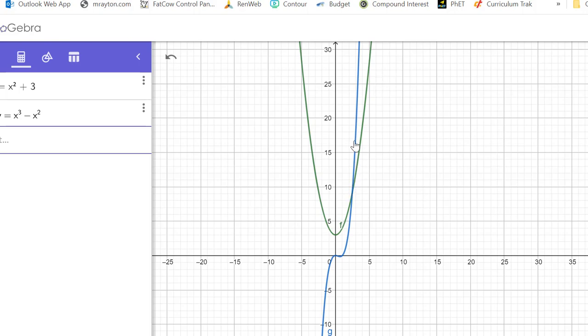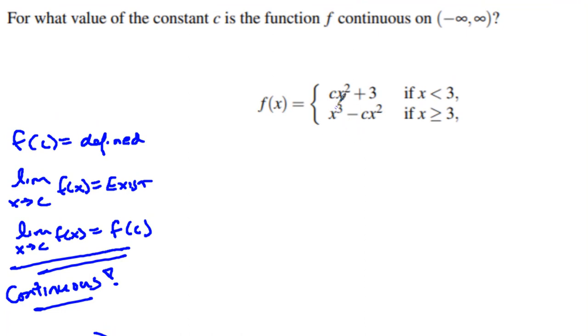This green line and this blue line go in different directions, but that was when my constant was equal to 1. So we're trying to figure out what c has to be for these two functions to be continuous, which means the limit has to exist at that exact point.